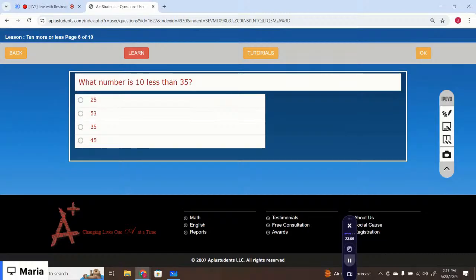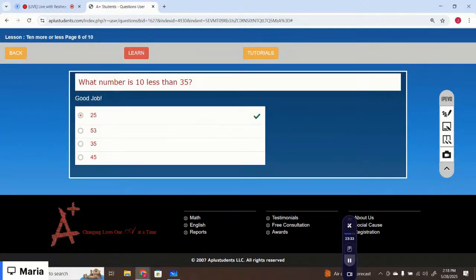What number is 10 less than 35? 10 less than 35 is 25. Option number 1 is the correct option. That is 25.